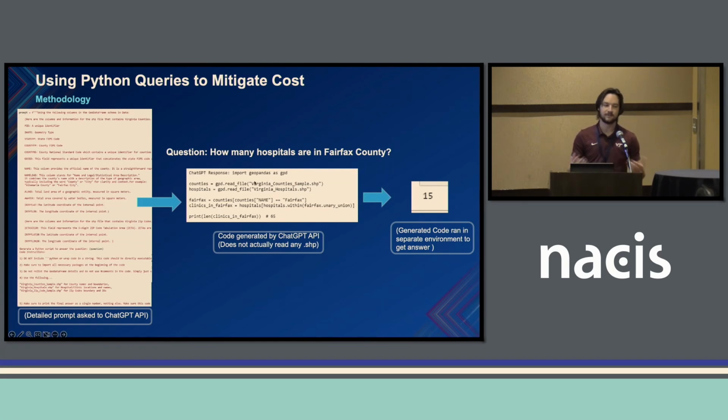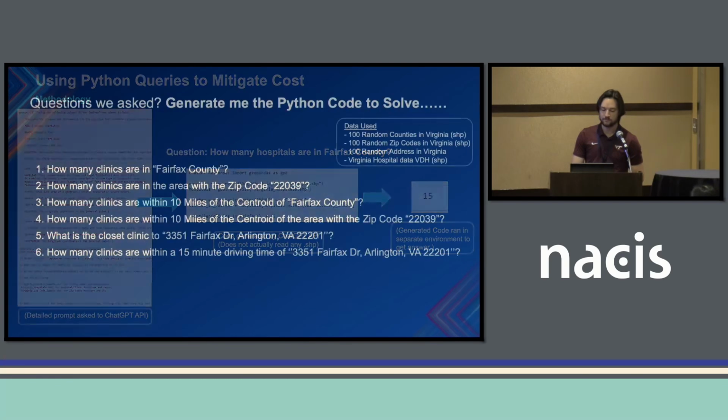Instead of giving us the answer, our model generates the Python code to solve that problem. We ask ChatGPT this long prompt on the left, it generates this code, and then this code is executed on my own computer, and it produces the result. The answer to how many hospitals are in Fairfax County would be 15. That's the methodology, and using Python is very beneficial because it's a lot cheaper, it works, and we're seeing positive improvements with that.